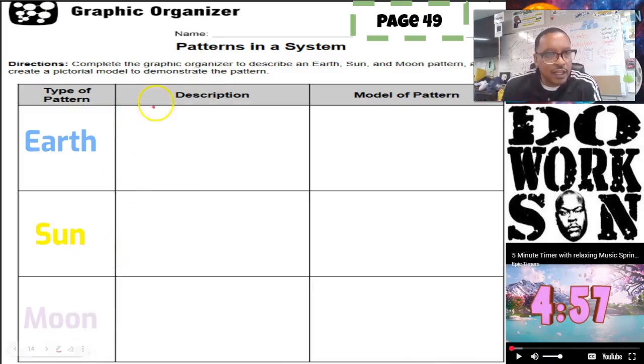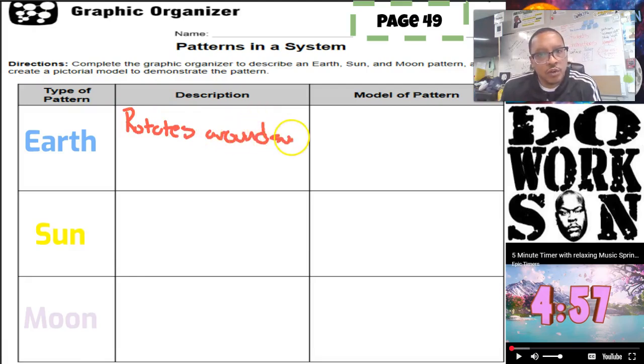Sorry, I didn't have my pen on. That's my bad. It rotates around the sun, right? While spinning. So it rotates around the sun, and it's spinning at the same time.